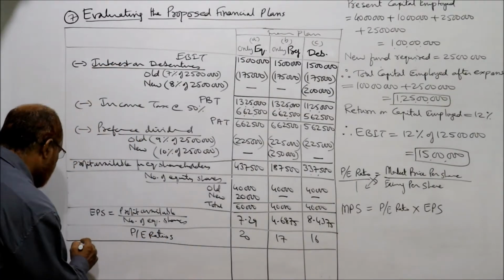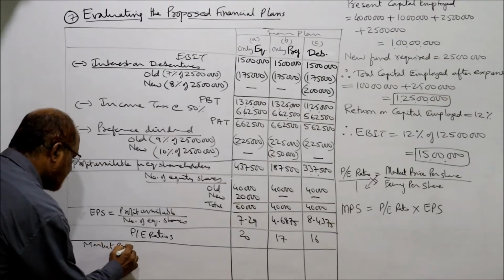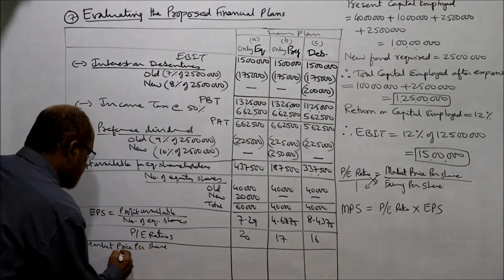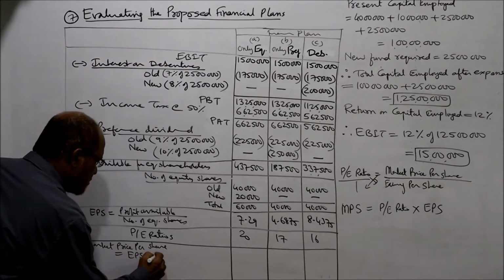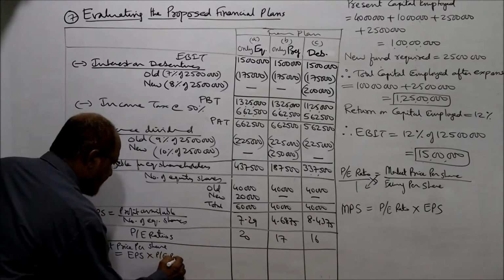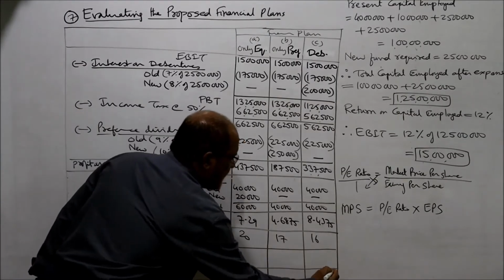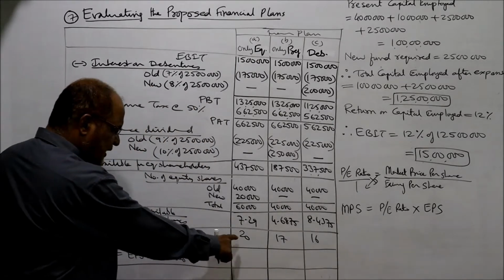Now I am writing market price, which is equal to EPS into PE ratio. EPS we got 7.29, PE ratio 20.